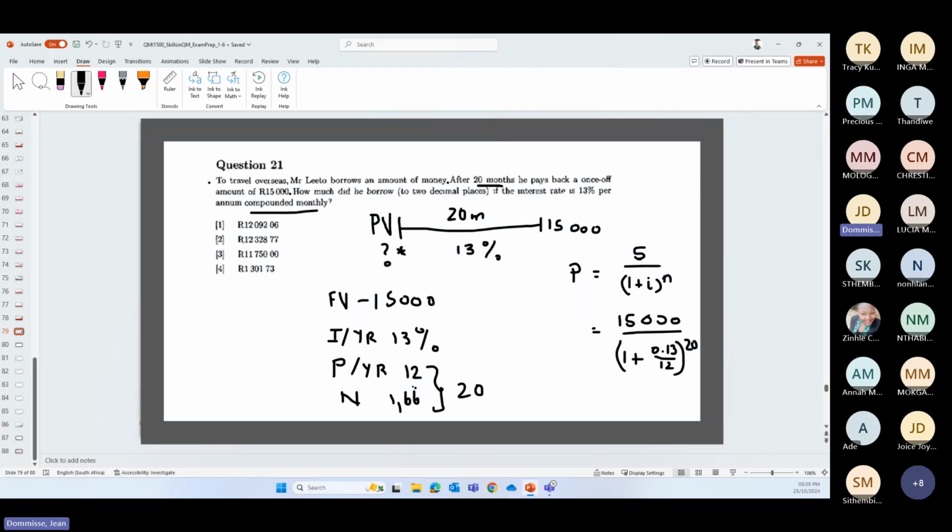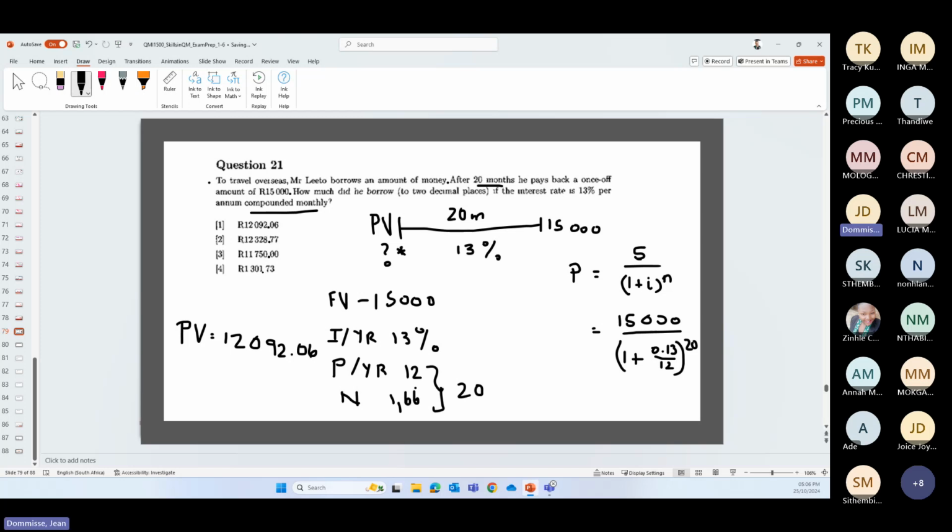And then the present value that I get out of this, let's hope it is that answer, is 12,092.06.